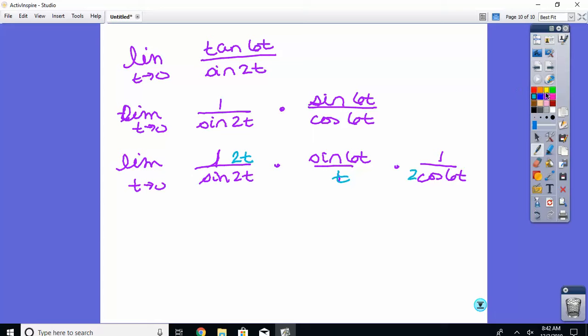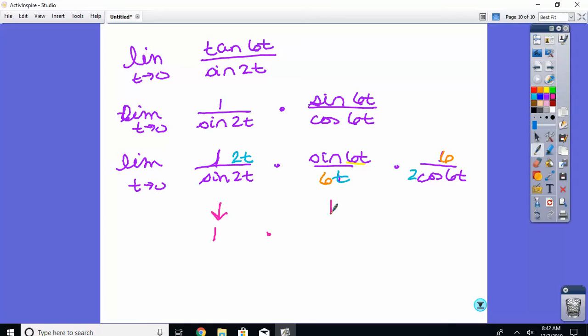This one is a 6t, so I need a 6t on the bottom. I already have the t, but I need a 6. Now if I put a 6 on the bottom, we have to put a 6 on the top. So, now if we evaluate the limit as t approaches 0 of 2t over sine 2t, that would go to 1.